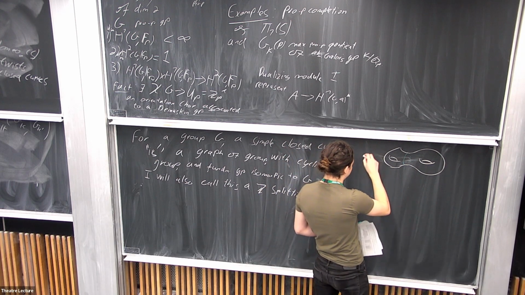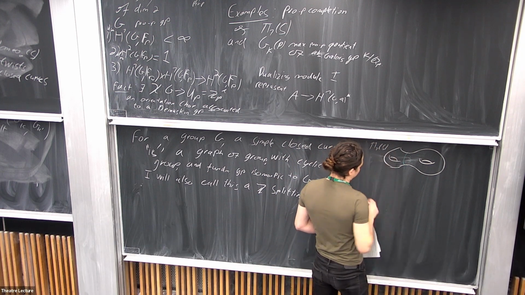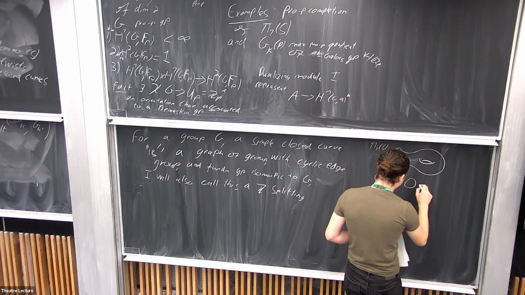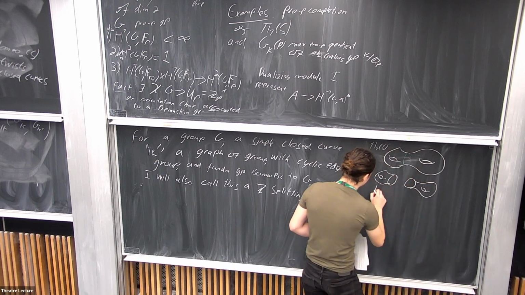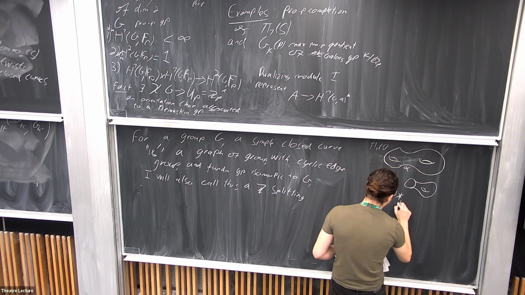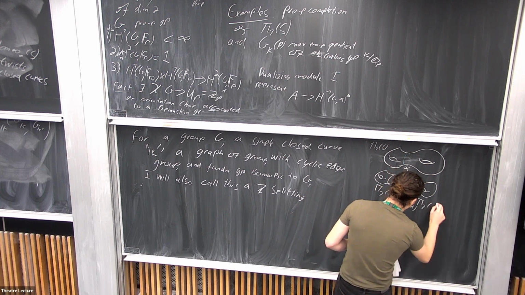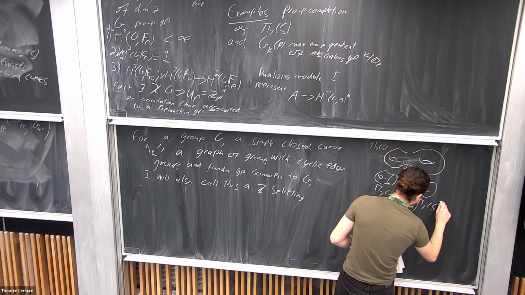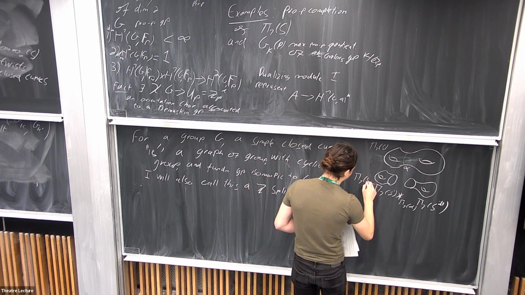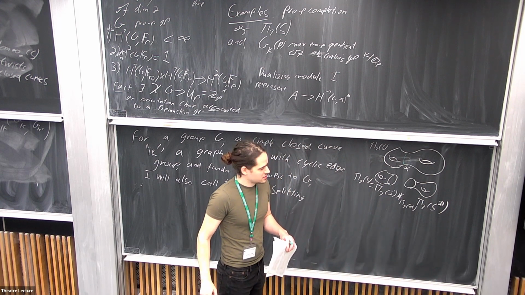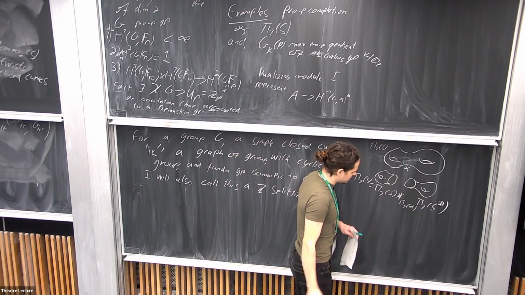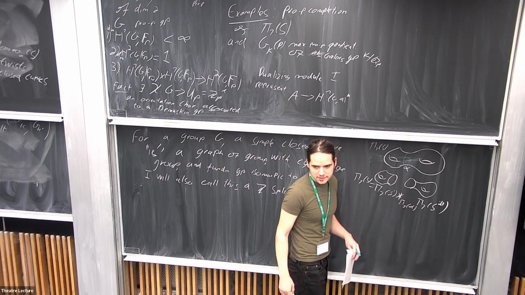By the Van Kampen theorem we have this nice thing: pi_1 of S_1 amalgamated product over pi_1 of alpha with pi_1 of S_2, which is isomorphic to pi_1 of S. Similarly, for every curve that when you cut along it gives two connected components, you get such a splitting of the fundamental group.